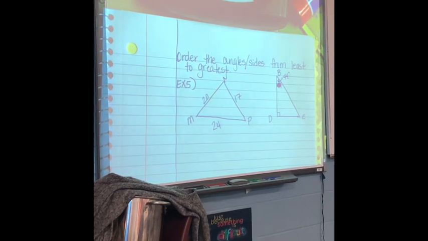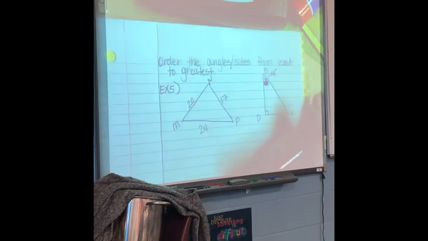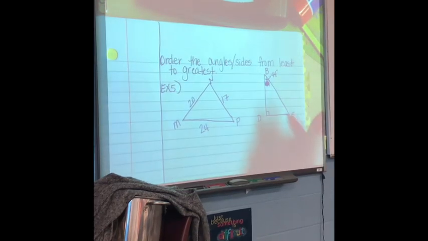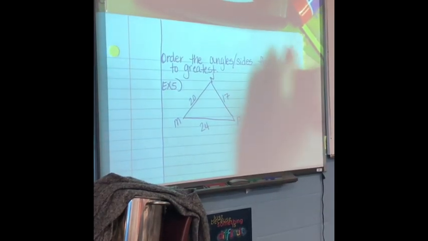All right, so looking at the first one, they gave me the side measures, which means I'm going to compare the angles. So I'm going to look for the smallest side because I'm starting from least to greatest.